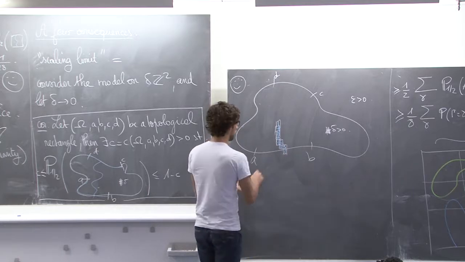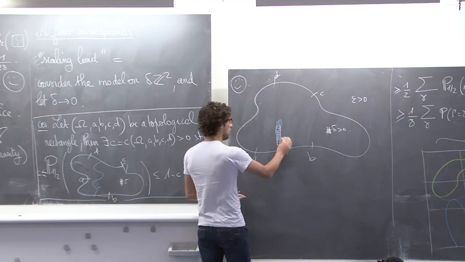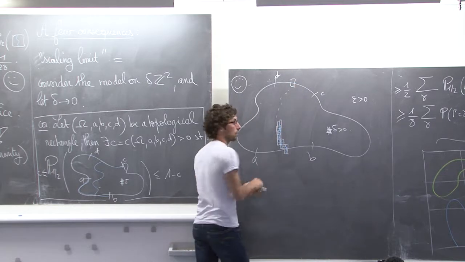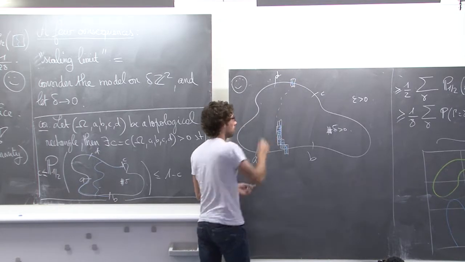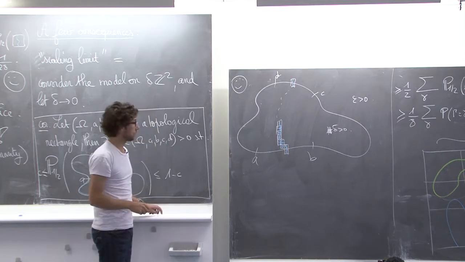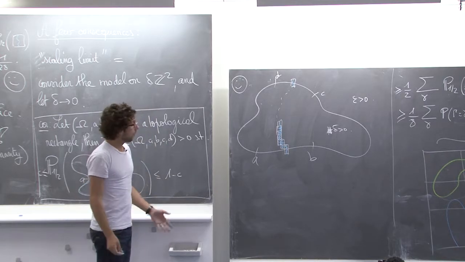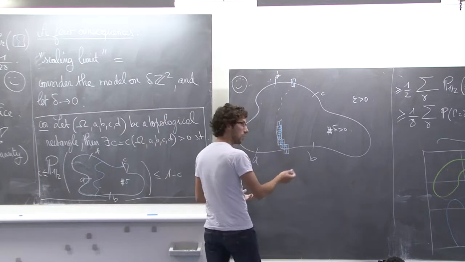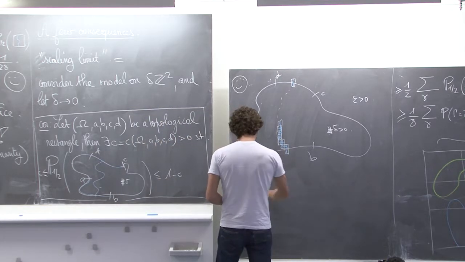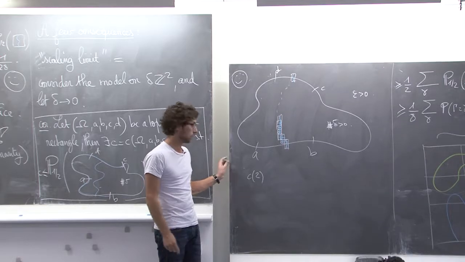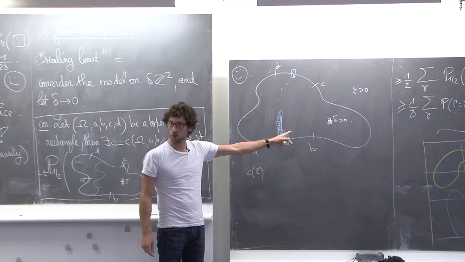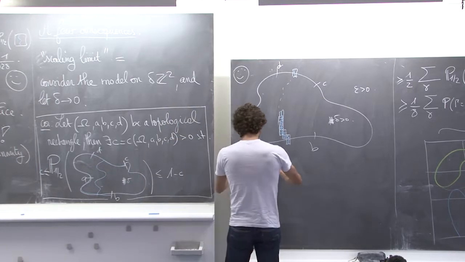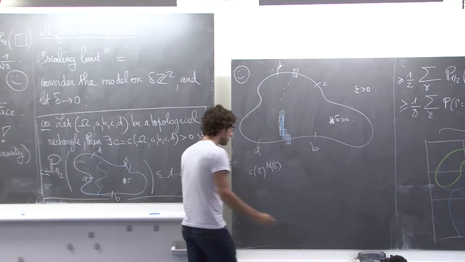And if I manage to find, which is always possible, a sequence of boxes like that such that I arrive on the other side, I would have crossed the whole rectangle. What cost did I pay? By the FKG inequality, I pay more than the product of the probabilities, which is C2, the price of crossing such a rectangle, to the number of rectangles I need, so to a certain n of epsilon.